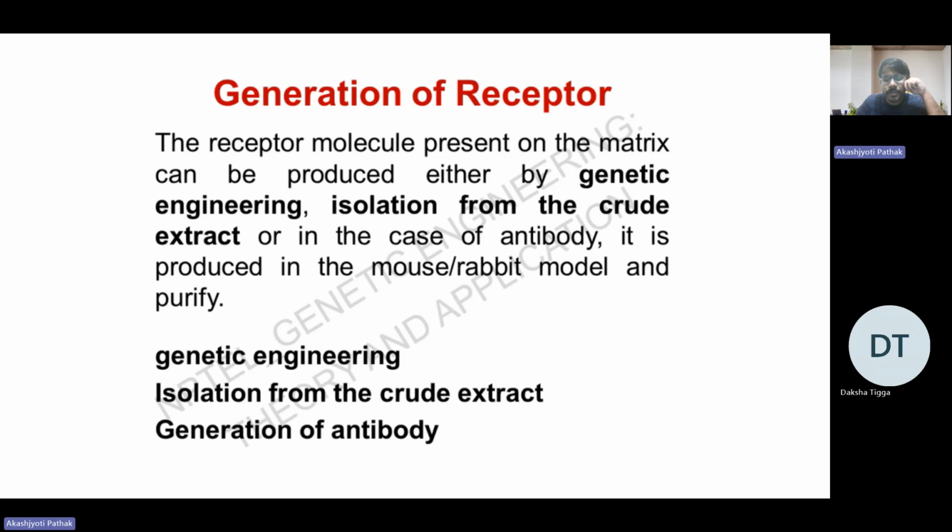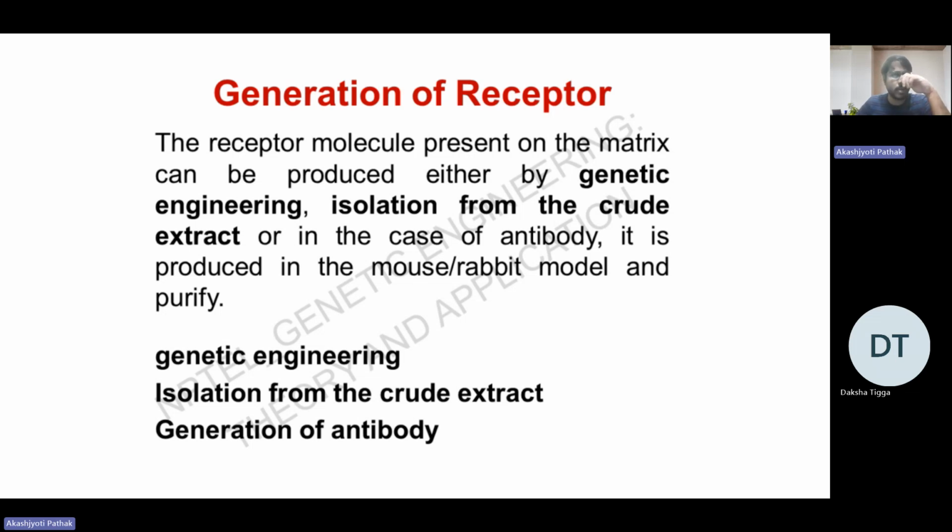For affinity chromatography, you need to generate the receptor. There can be different receptors: an immunoaffinity receptor, a metal affinity receptor. So how do you generate these different receptors?